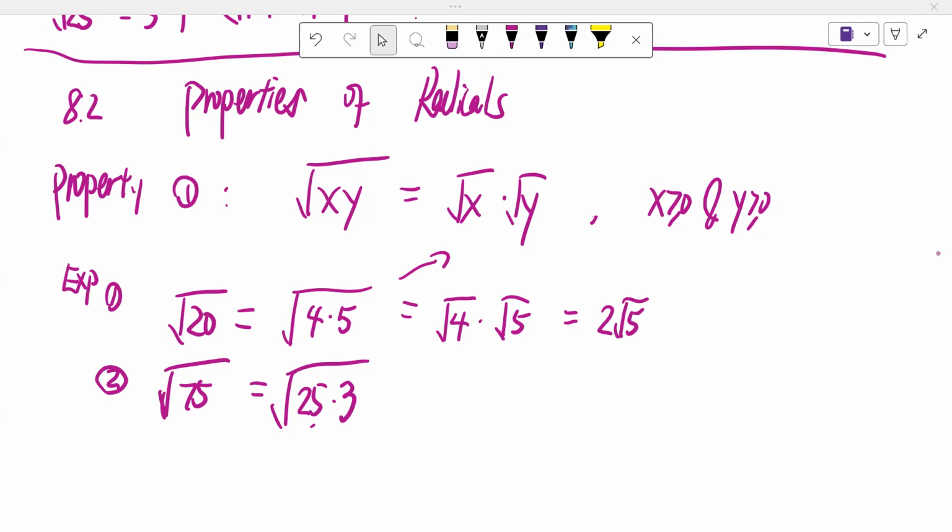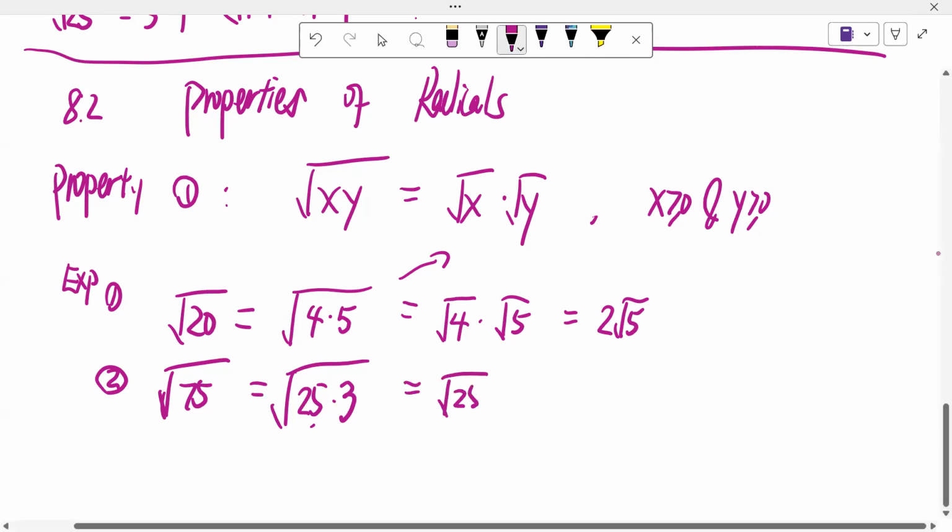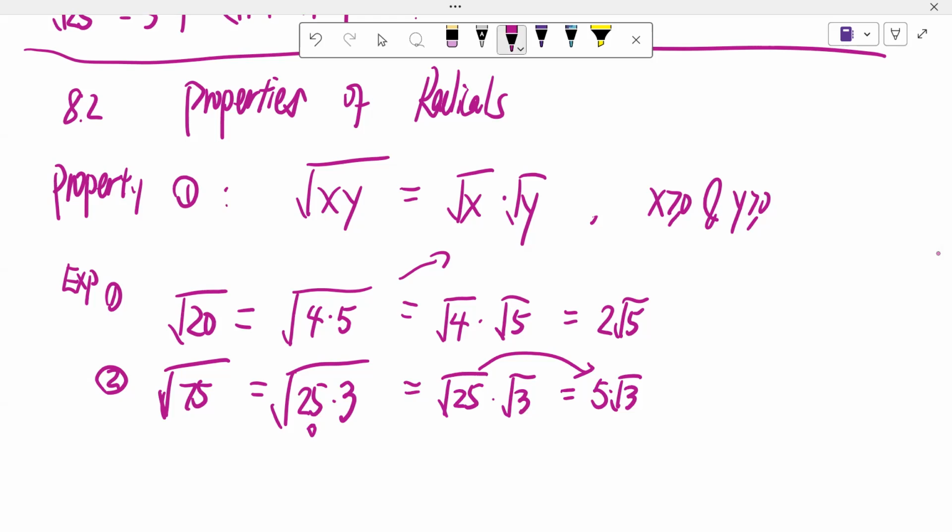So we get the square root of 25 times the square root of 3. And the square root of 25 becomes 5. So 5 square root of 3. That's why I always look for the maximum perfect number here. Because this number ends with 5, you should always think about 5 or 25, those kinds of numbers, if it ends with a 0 or 5, right?